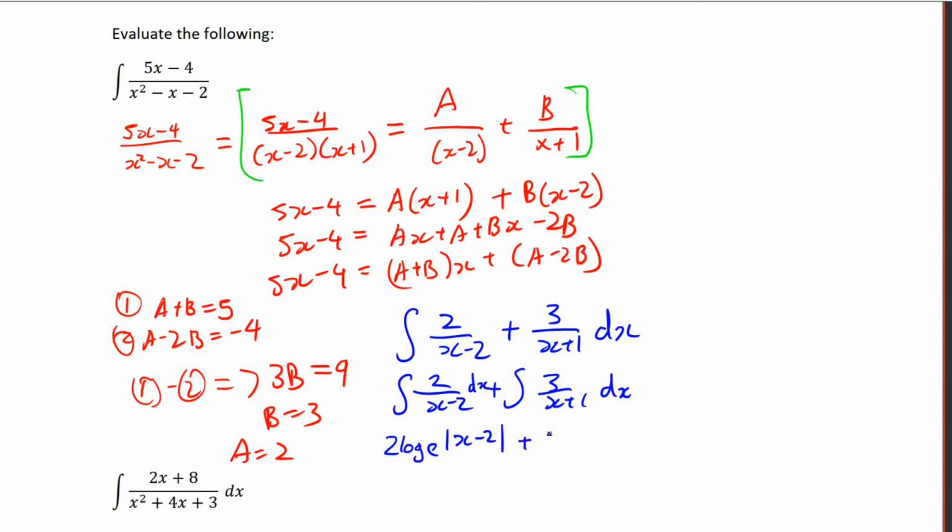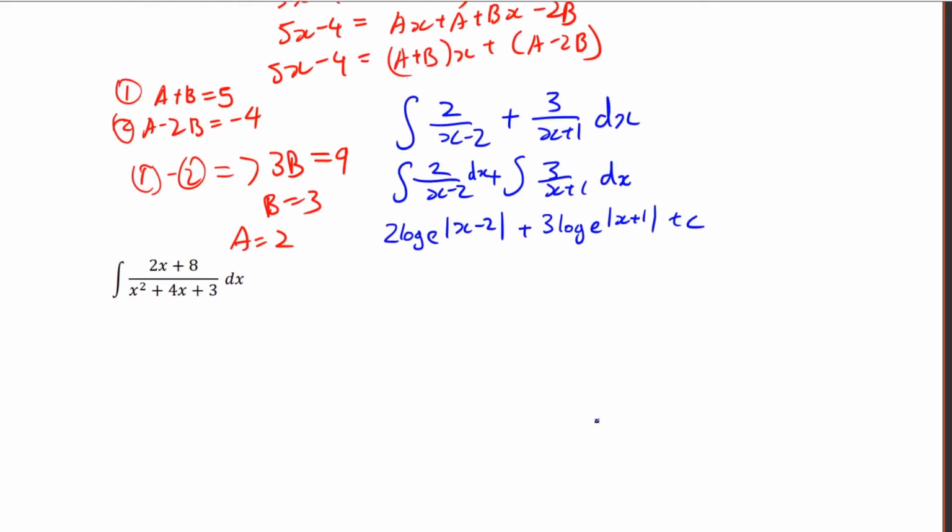Then you'll have plus 3 log_e |x + 1|, plus C. I could use this as my final answer, or I could use some of the log laws to express this as a single log plus C, but I think this looks nicer, so I'll leave it like that, unless a question states it wants it as a single logarithm.